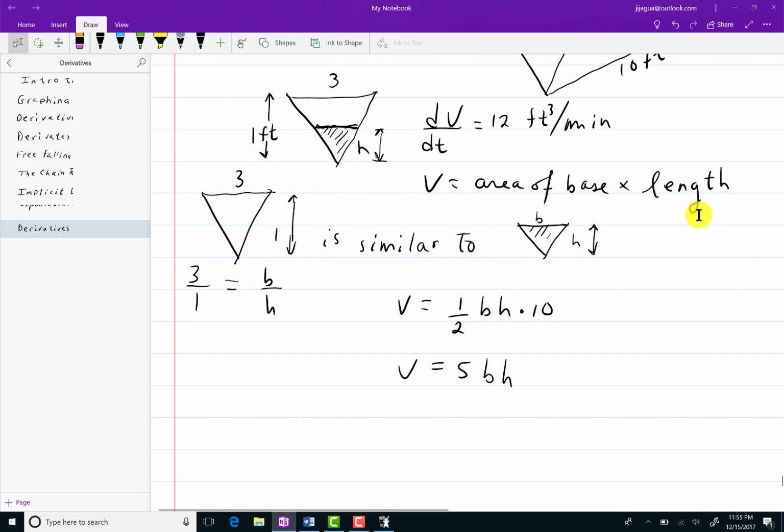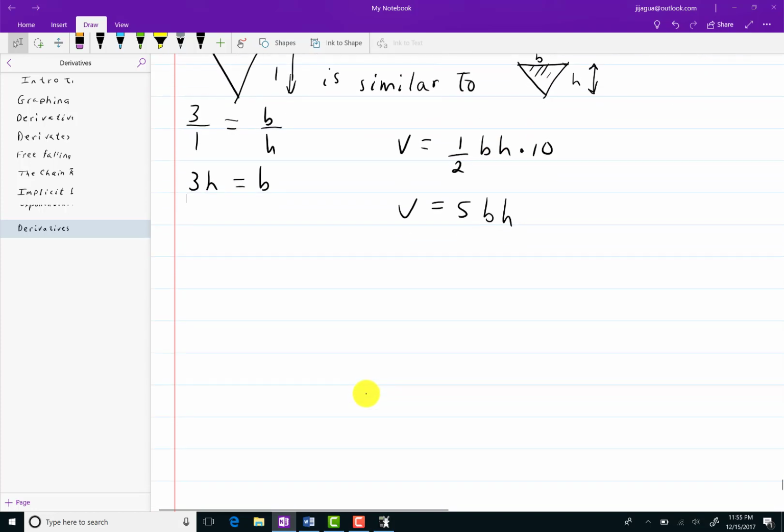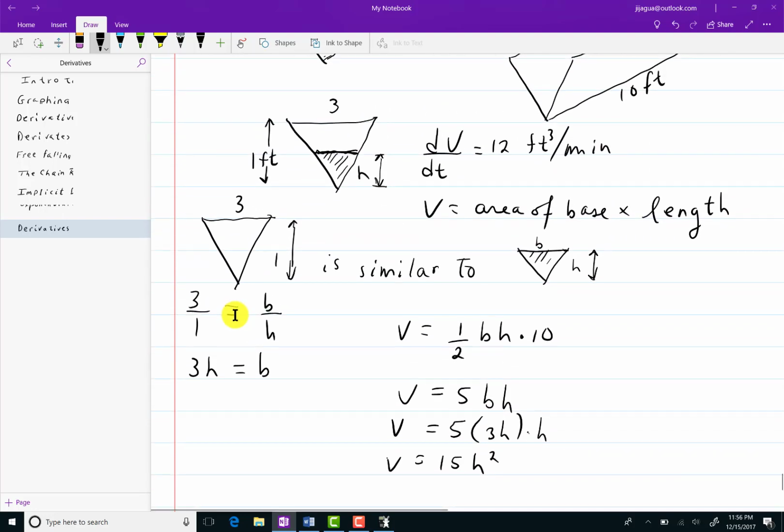What you end up with is that 3H equals B. Now I can get rid of B by replacing it with 3H. So this equals 5 times 3H times H equals V. V equals 15H squared.